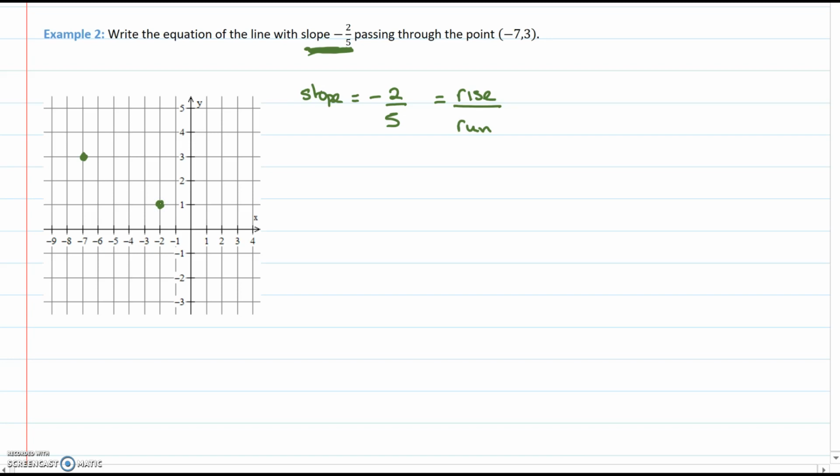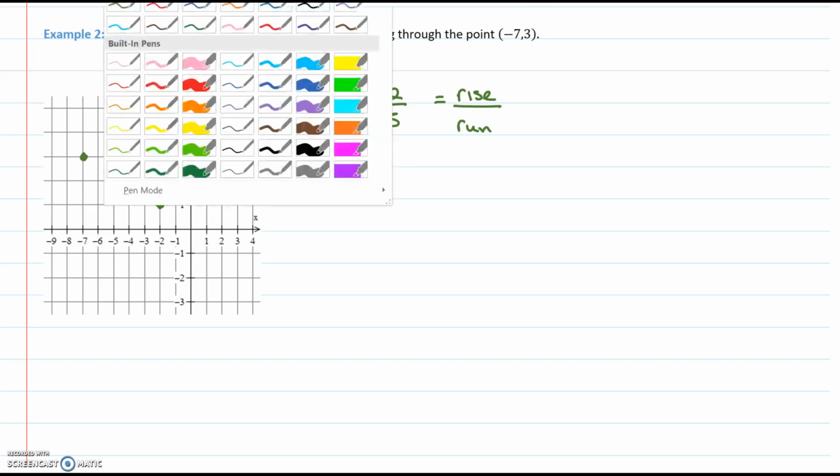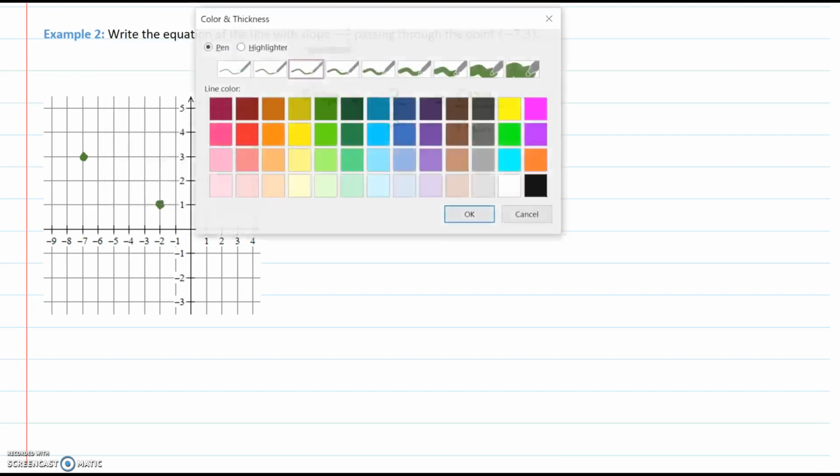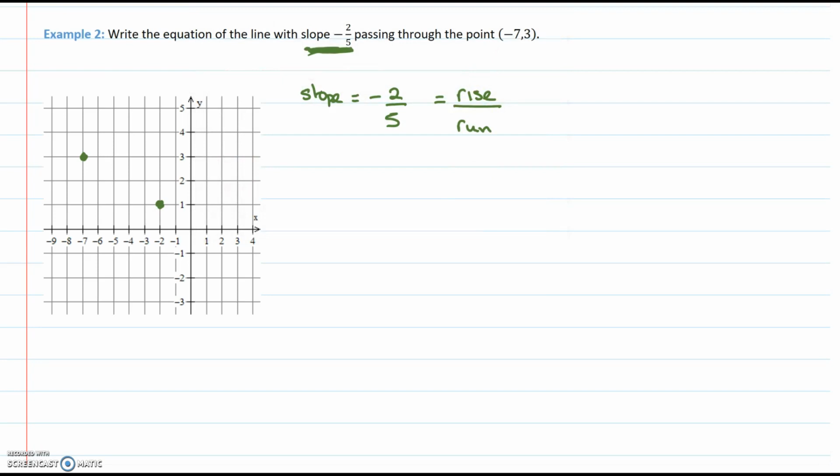So we can take our line tool and we can draw a line that goes through those 2 points. Hopefully we can manage to do that reasonably. Let's say we take a red line. Let's see if we can do it as accurately as possible.